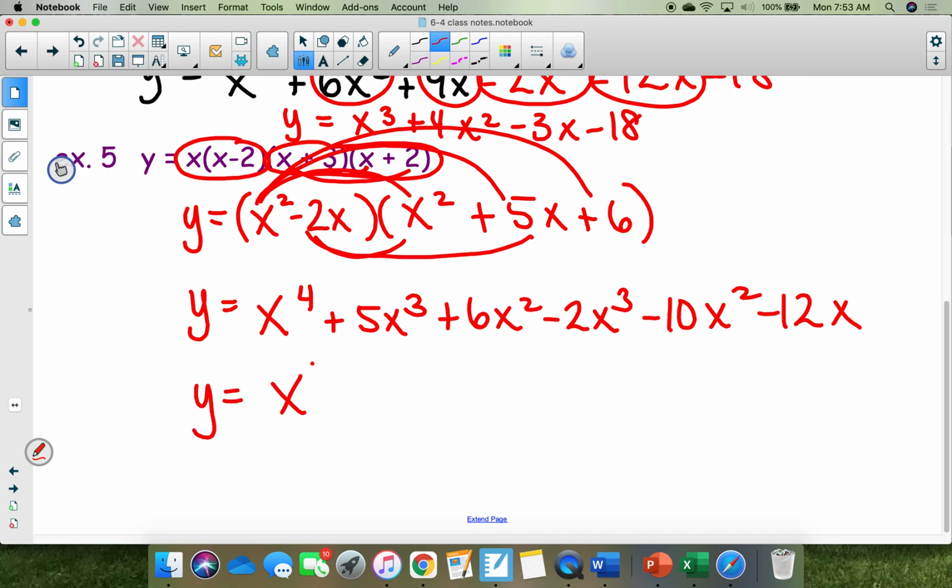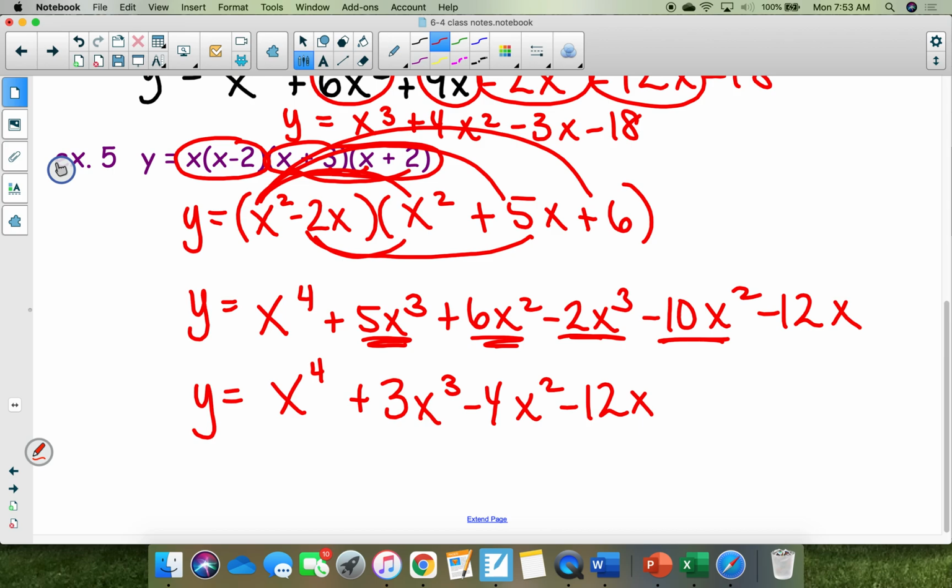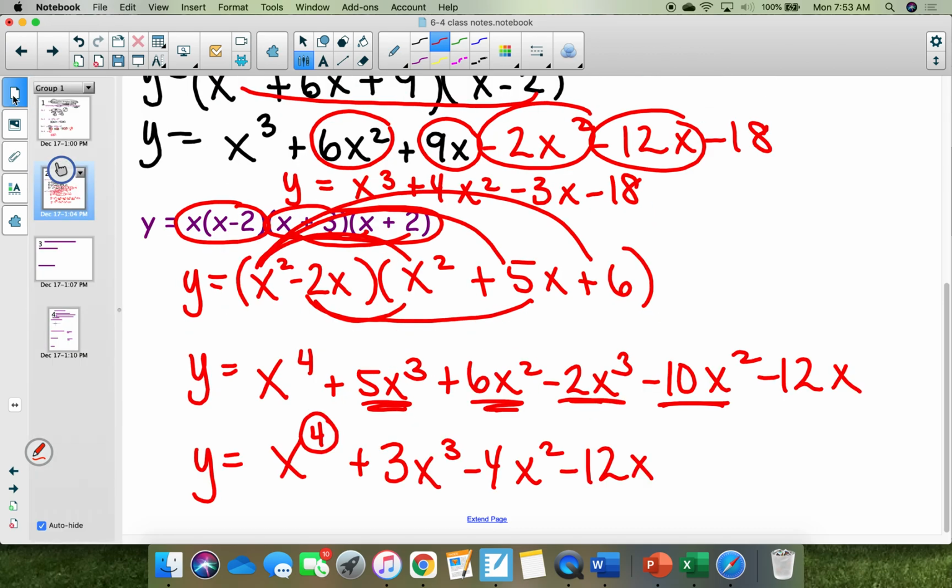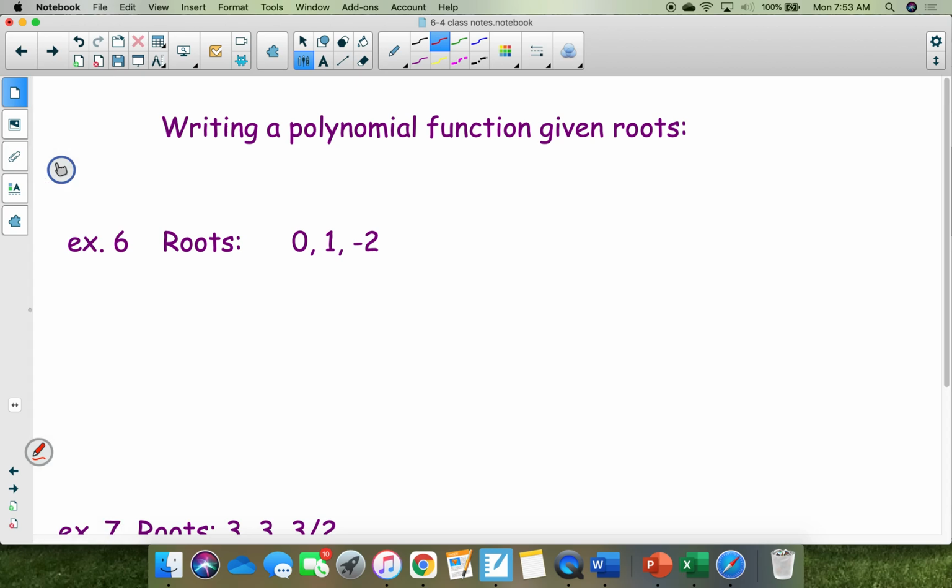It's going to be x to the 4th plus, these two can be put together, 3x to the 3rd. These two can be put together, -4x squared minus 12x. Final answer. So if I put these all back together again, my highest degree is 4. So that's the second part of the assignment, putting it back together again.